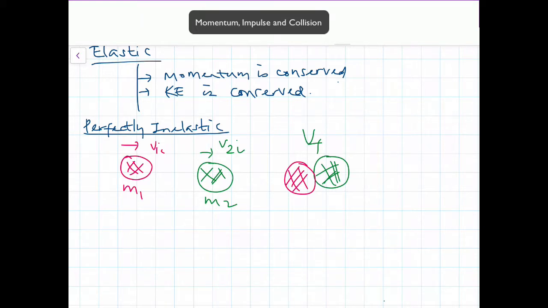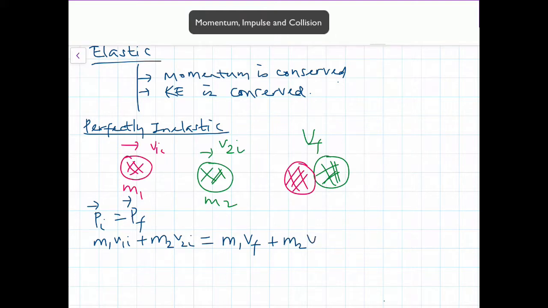So you will have a special kind of equation. What we know is P initial equals P final, momentum initial equals momentum final. So you will have mass 1 v1 initial plus mass 2 v2 initial equals, in this particular case, the common velocity, so mass 1 v final plus mass 2 v final.